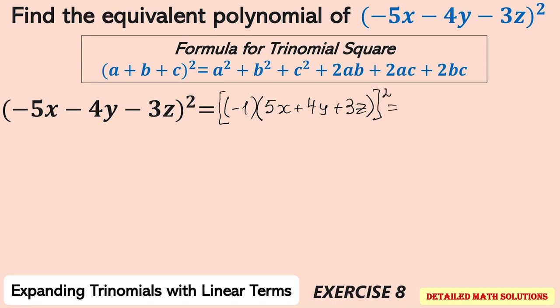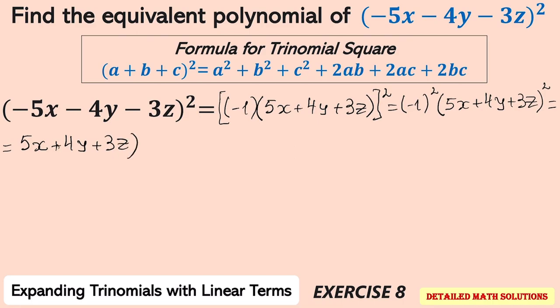This way, when I distribute the exponent, I get negative 1 squared multiplied by 5x plus 4y plus 3z in parentheses squared. Negative 1 squared is 1, so this equals 5x plus 4y plus 3z in parentheses squared.